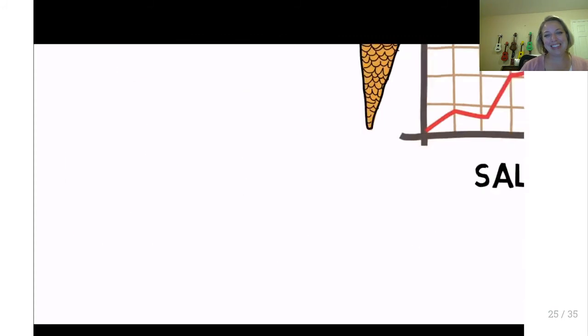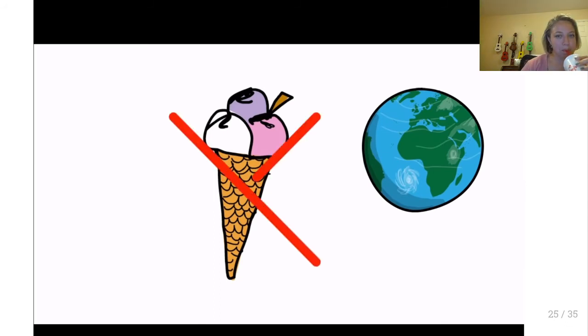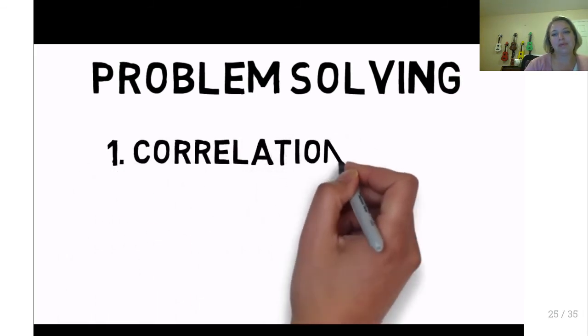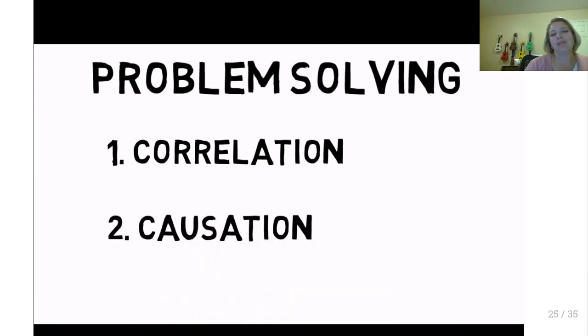Given these indisputable facts, I need you to support my vision of an ice cream-free world. While banning ice cream trucks from entering your neighborhood may sound far-fetched, when it comes to problem solving, a common issue is misunderstanding the difference between correlation and causation. This misunderstanding can influence our decisions, sometimes with serious consequences that ripple throughout a community.